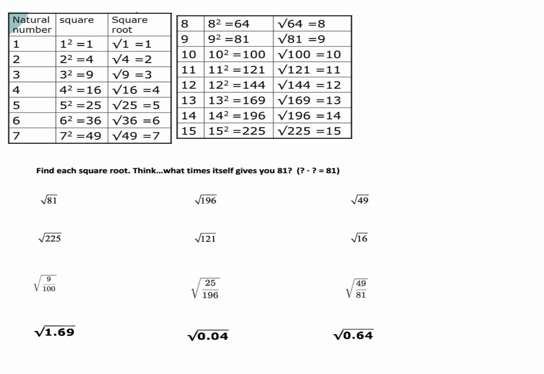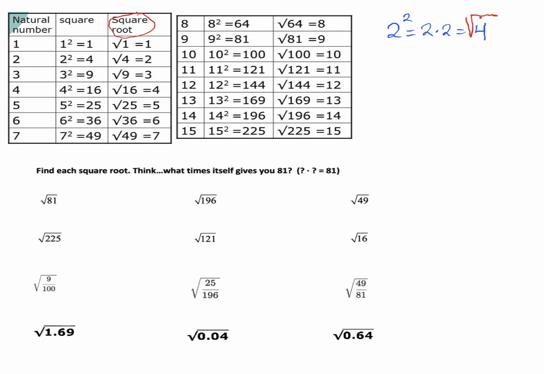Now the square root is what we call the inverse relationship, or what I usually tell my students is you're doing the opposite. So notice here 1 squared is 1, and if you take the square root of 1, you get 1. 2 squared, so let's go over at the side here, means 2 times 2, which gives me 4. Now, suppose I want to do the inverse, meaning I want to find the square root.